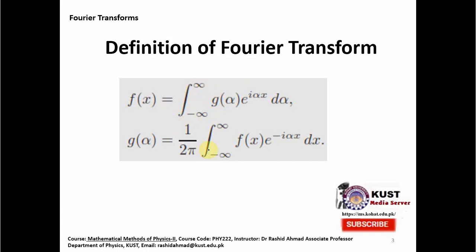Here you see two integrals, with a convenient factor of 1 over 2 pi, which by the way could be split between the two functions, f of x and g of alpha. Then you see some coefficients, which are functions as well, and some exponentials. One has the negative sign, and it is integrated over d alpha and the other over dx.